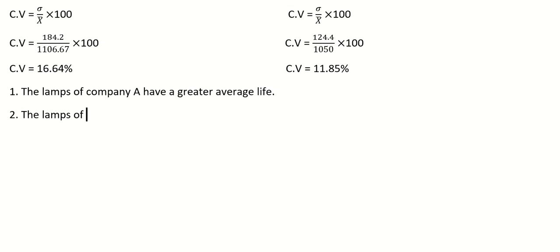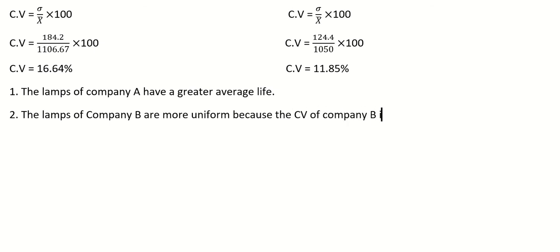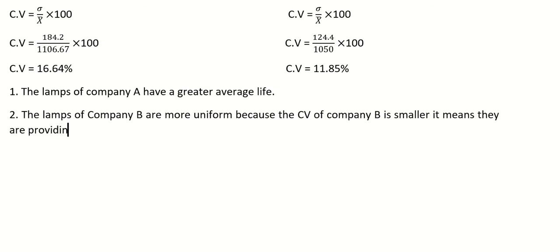The lamps of company B are more uniform, because the CV of company B is smaller, it means they are providing the quality which they are promising, right?